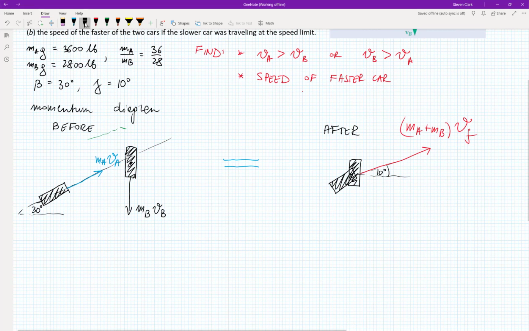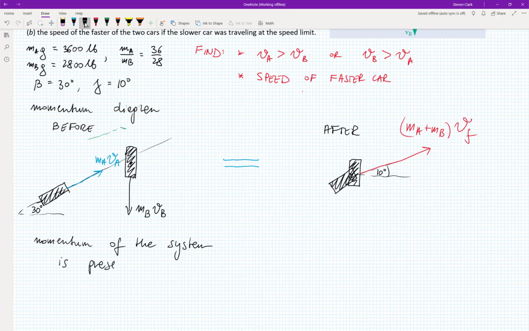So we can write in here that the momentum of the system is preserved. I'm going to underline system, okay? And why?